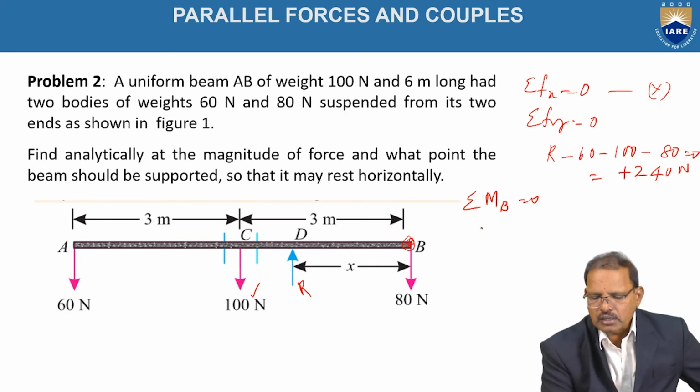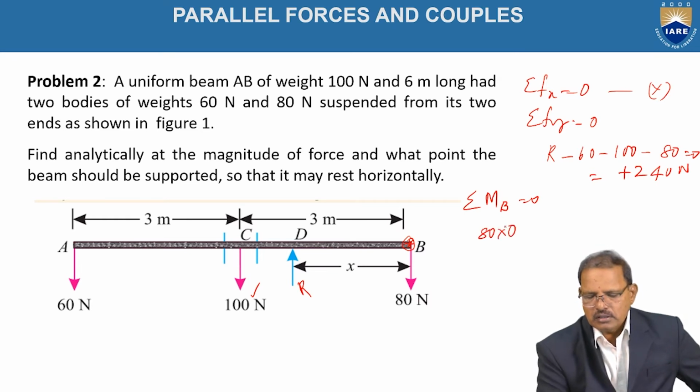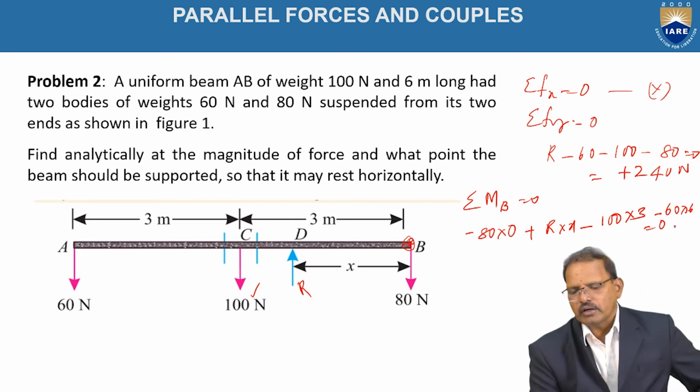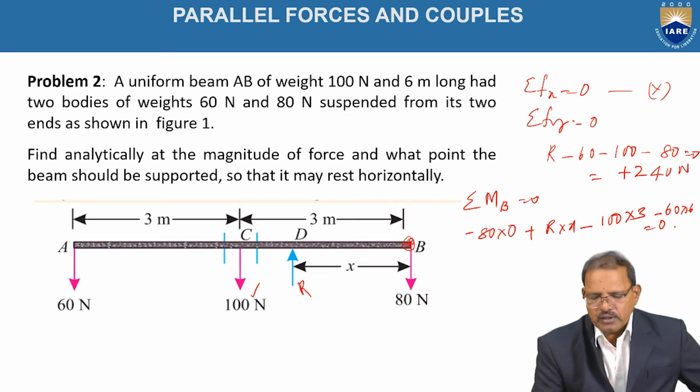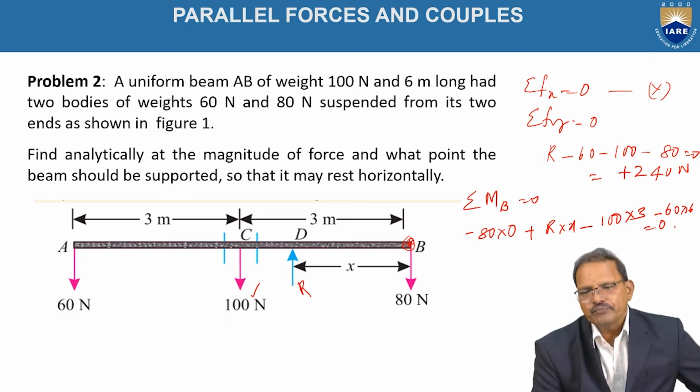That means 80 into 0, plus R into x clockwise, minus 100 into the middle point, minus 60 into 6, should be equal to 0. That is, the sum of the moments created by the forces 80 newtons, R force, 100 newtons and 60 newtons must be equal to 0.